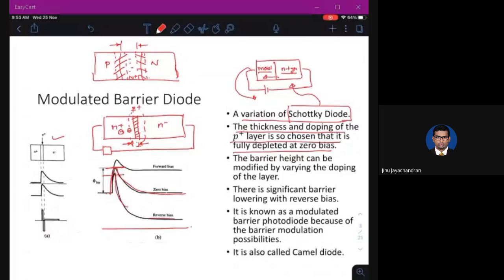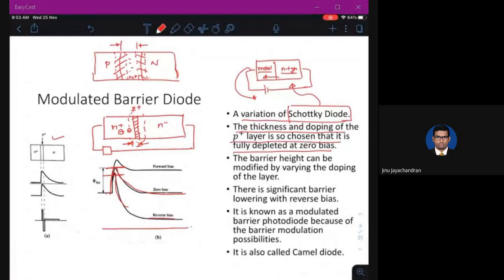So there's a lowering of the barrier, because of which the charge carriers can cross the barrier without much energy. This is something called a modulated barrier diode, because by applying the bias, you are modulating the barrier. You are changing the barrier height. That is why it is called a modulated barrier diode.